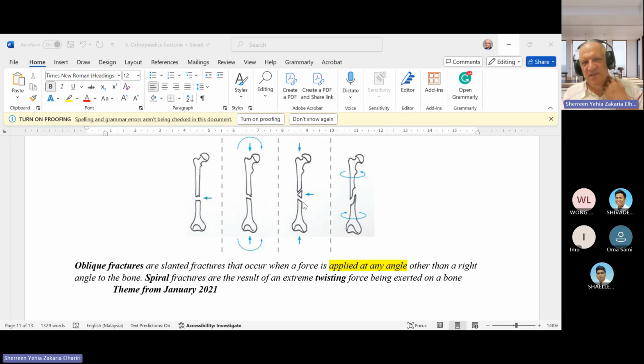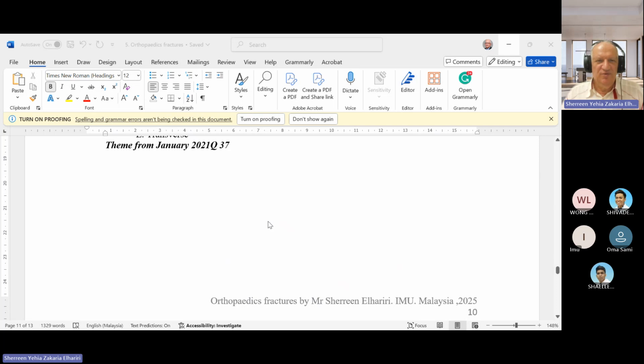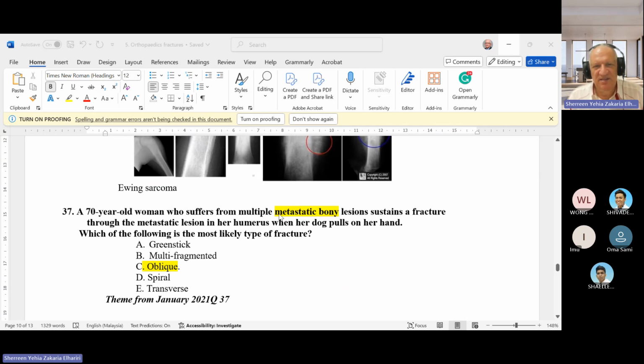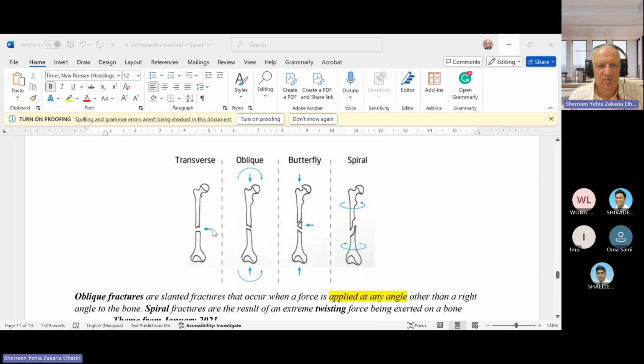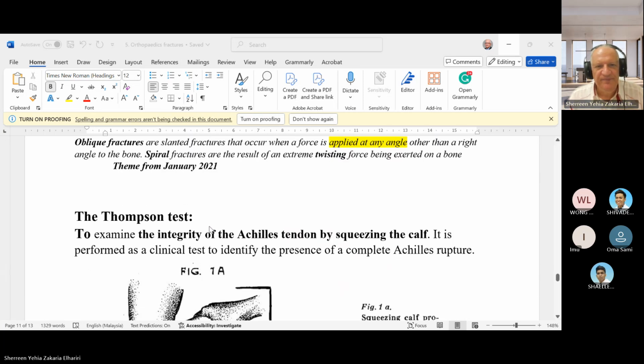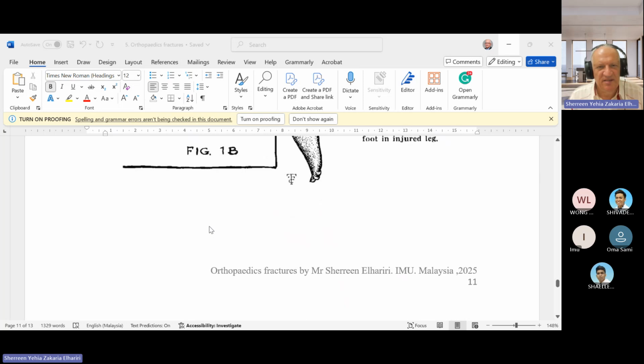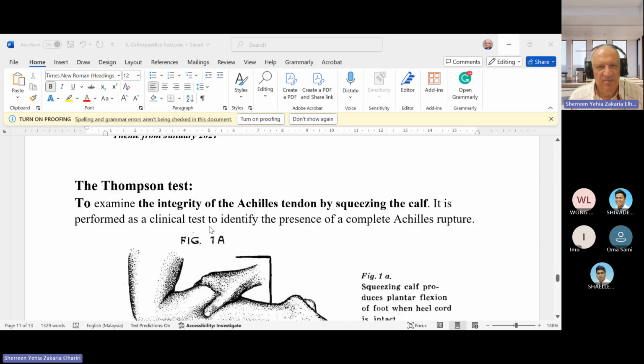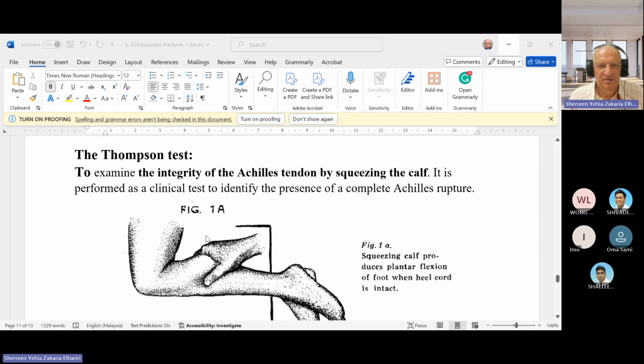Of course, a fragment is heavy trauma or high velocity trauma. Of course, this is just for fun, but it is metastatic, pulling on one side, so it is oblique. If direct trauma, transverse.